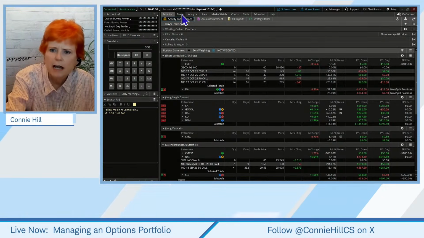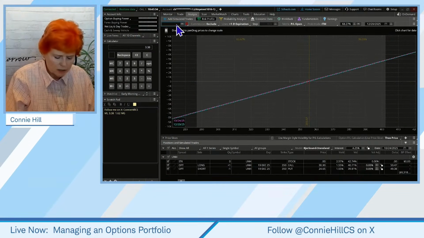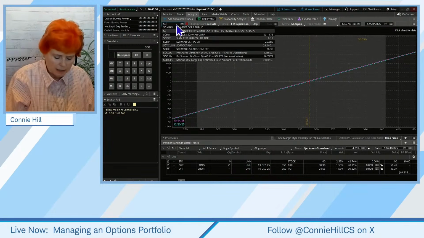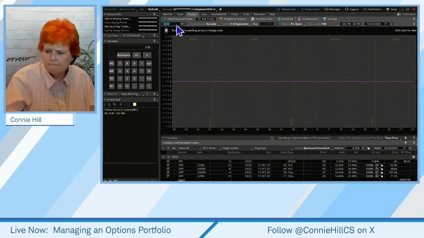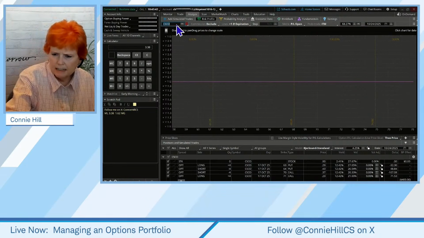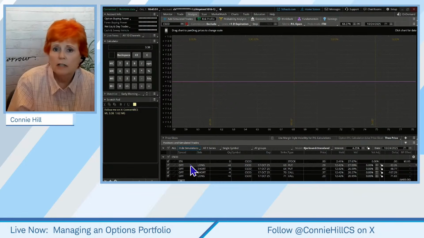If we go to the Analyze tab, and let's see if this will come up better than my Uber. Put in CSCO, Cisco. And I'm going to just say hide any simulations, so just show positions. It's being a little goofy on me, and I apologize, because as I was going through reviewing which trades we might want to use, it was working just perfectly.